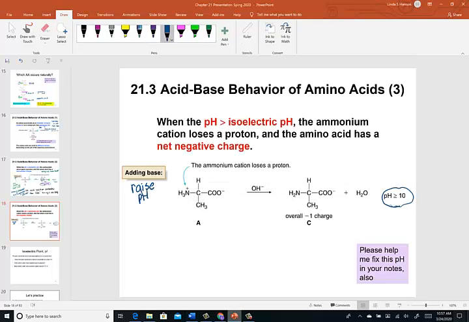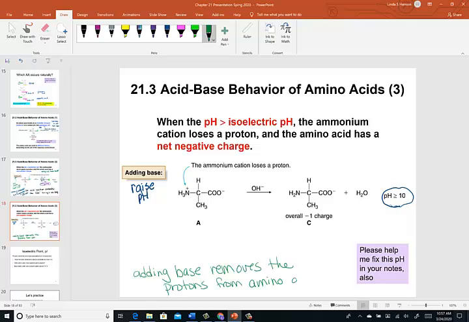The ammonium cation loses the proton as we add base. So think about adding base. It removes the proton because you're neutralizing it. So neither one will have a proton.